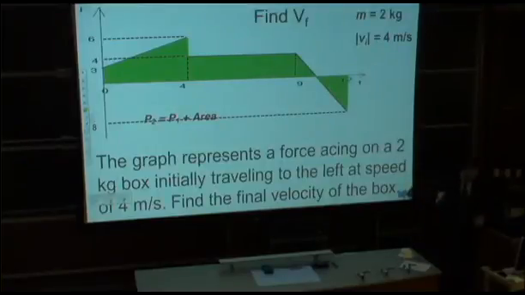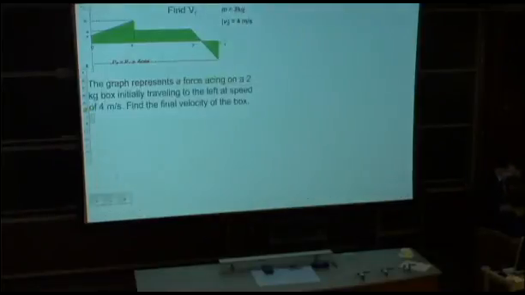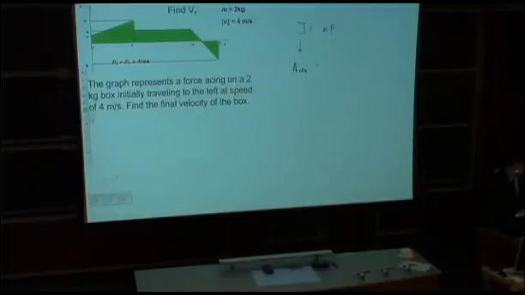But now we know that there is another way to apply Newton's second law in the form of impulse momentum theorem. The impulse of the force should be equal to the change in the momentum. This is supposed to be equal to the area covered by the graph, and that should be equal to final momentum minus initial momentum. Just a second.